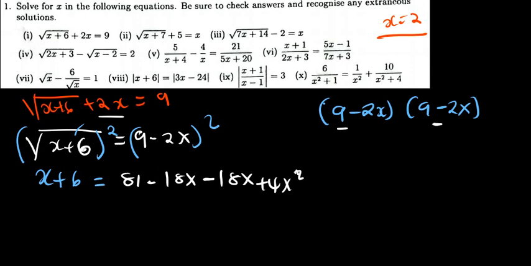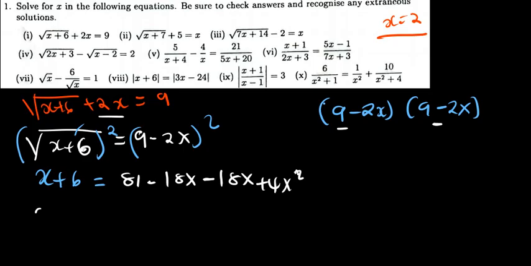Now since I've got x squared, and another term which has just x, and a number without x, definitely that is a quadratic equation, meaning I can shift everything to the other side so that I remain with 0.